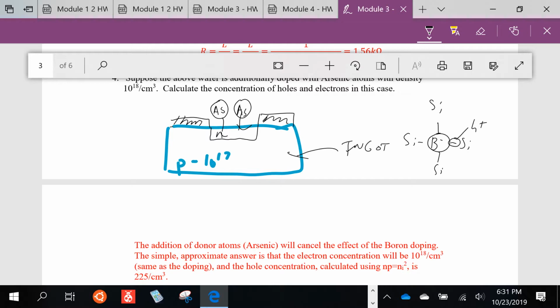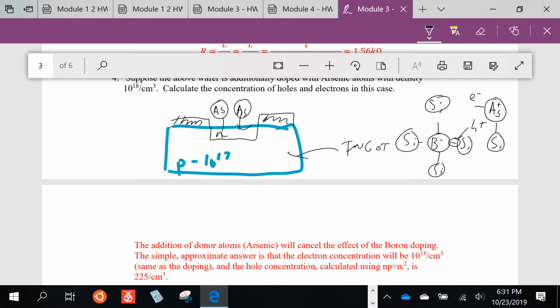Now, if you dope another nearby region with arsenic, the arsenic has an effective positive charge, and it also comes with an extra electron, right?